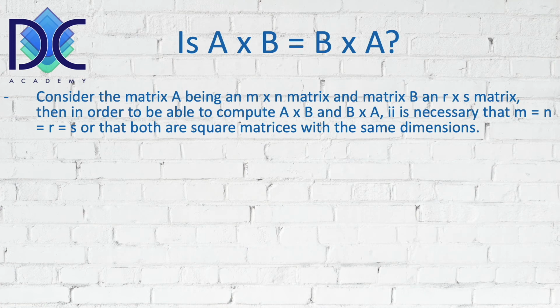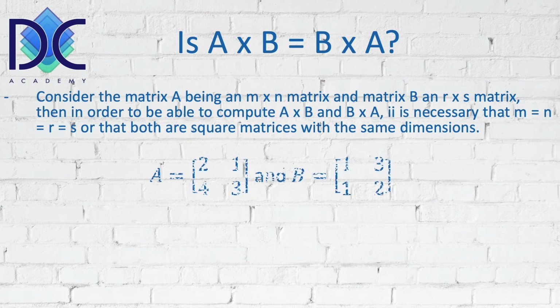In the case that we saw before, a 2 times 3 and a 3 times 2 matrix, we can multiply A with B, but we cannot multiply B with A because they're not compliant. Now, we can have a look, is this operation commutative or not?